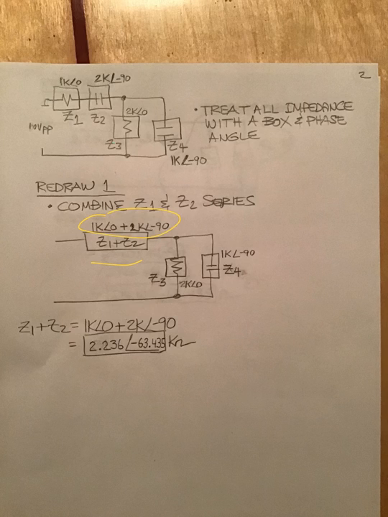This is starting to get a little easier, I hope. I grabbed the impedances, added them together, and this is what I get. I get Z1 plus Z2 is equal to Z1,2. You might want to add that to your notes.